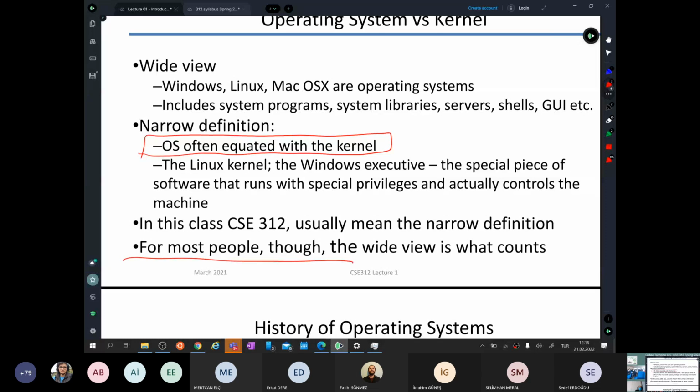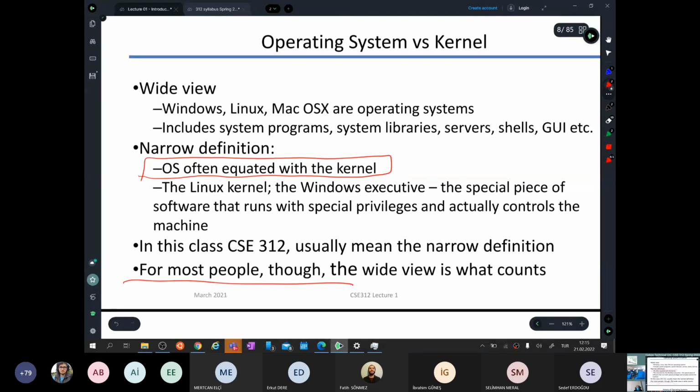That doesn't mean that we will not look at the other parts. Of course, we are going to look at them, because some operating systems say to keep the kernel part of the operating system very, very small. Remember, the Windows operating system has like 100 million lines of code. Maybe I don't know the exact numbers, maybe 10 million lines of code runs in the kernel mode.